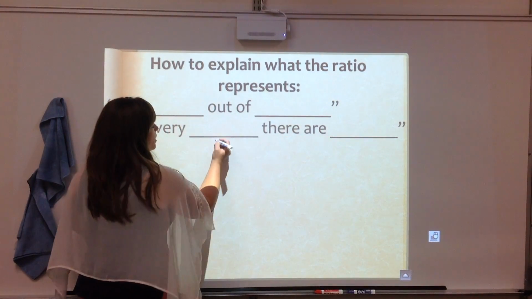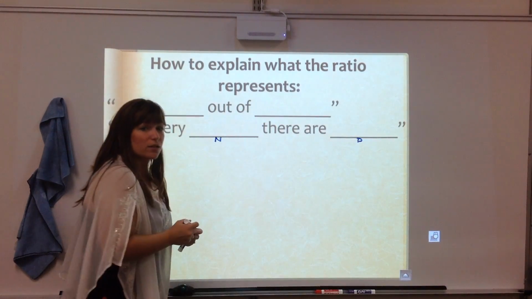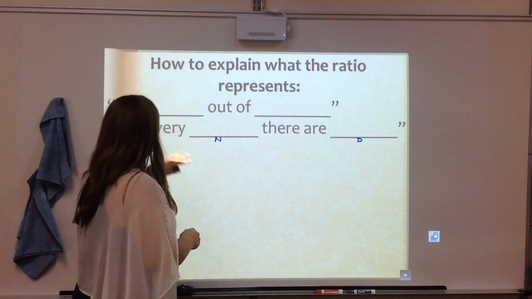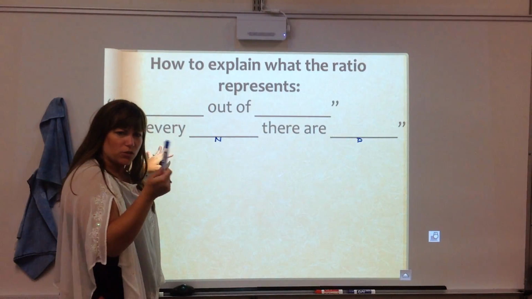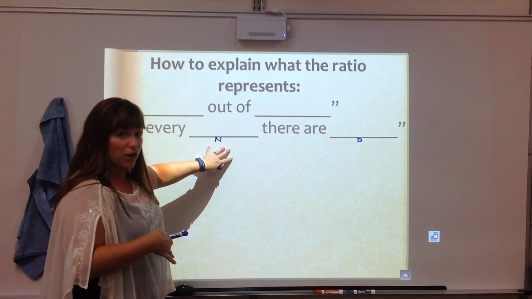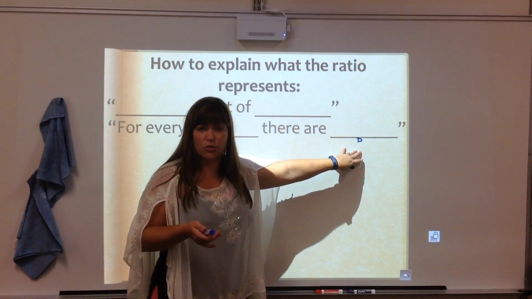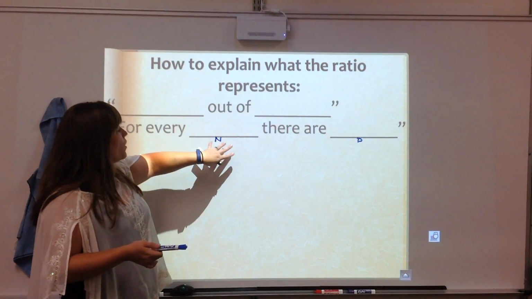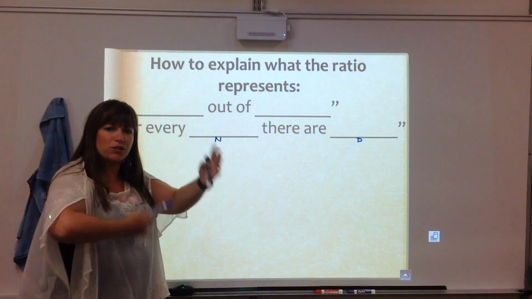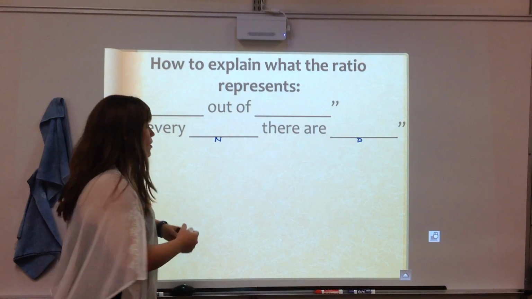The blanks stand for, if you're dealing with fractions, the numerator and denominator of the ratio, or the first number and the second number. So for our first example with the circles and stars, for every 5 stars, there are 4 circles. We could use the teacher-student one as well. For every 1 teacher, there are 5 students. So you can interchange those blanks to be whatever you're talking about with the ratio.